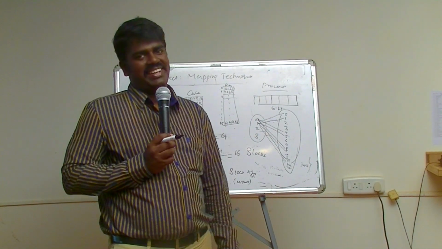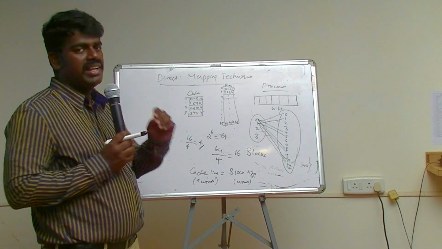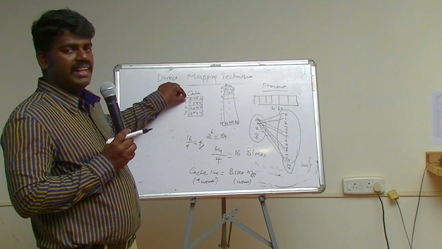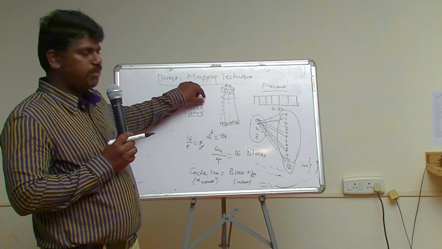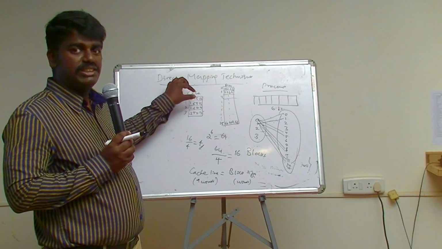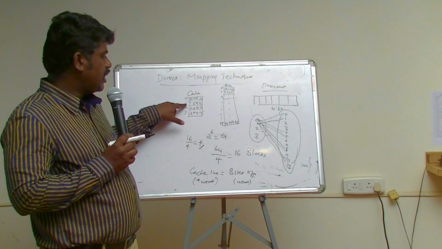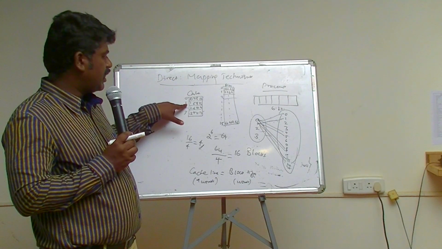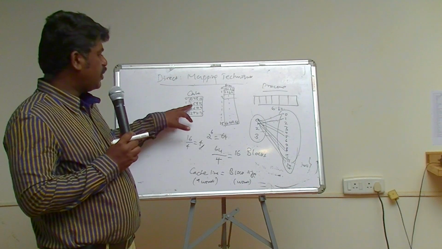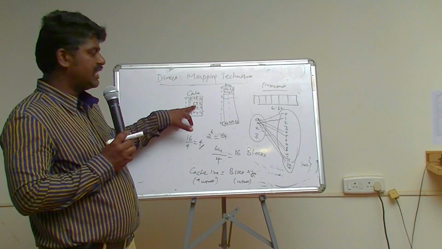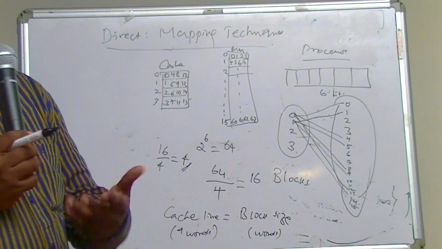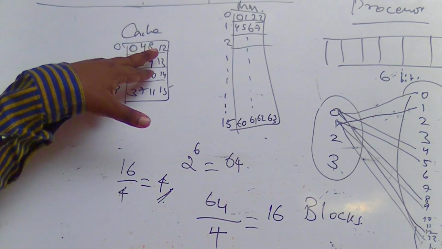So what is the drawback of this direct mapping? Cache line 0 is reserved for these blocks only. Even if one of the lines is free, take line 1 for example: if one of the blocks is already filled, all 4 words filled, and we want to store the next block, the 5th block, we cannot store it in any of the free spaces, because it is reserved only for cache line 1.